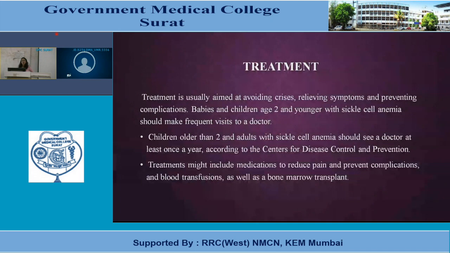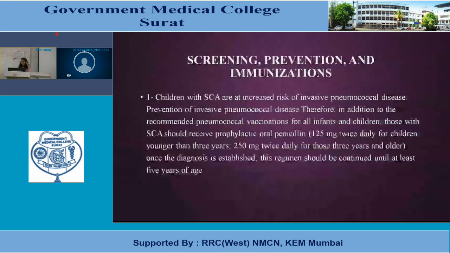Okay. Then what can we do for prevention? First, screening, prevention and immunization. A child with sickle cell anemia is at increased risk of invasive pneumococcal disease, so prevention of invasive pneumococcal disease is important.